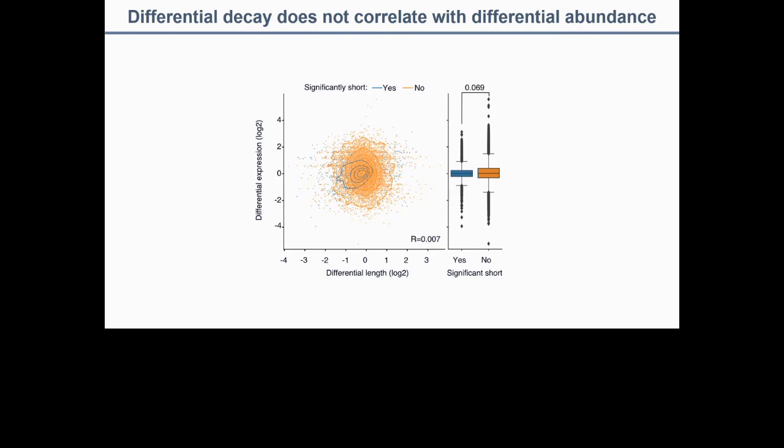However, when we looked at it, we don't see any association. We don't see a correlation, and we don't see any difference in differential expression between genes that are targeted for decay and genes that are not. And that to us meant that although decay initiates, for some reason these RNAs that are being fragmented persist in cells. So they remain in cells; they're not immediately cleared.